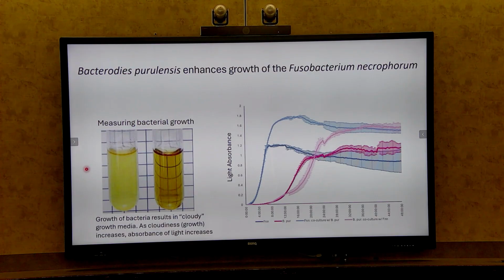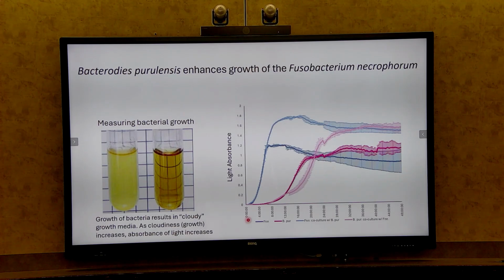So that cloudiness, when you shine light through it in a spectrophotometer, the bacterial cells absorb the light. And so you get an increase in absorbance as there's more cells in the media. And that generates these characteristic curves where you get this rapid increase as the organism is growing exponentially. And then it levels off and it starts going down, as here your rate of cell growth and death is equal, and here your rate of cell death is greater than cell growth.